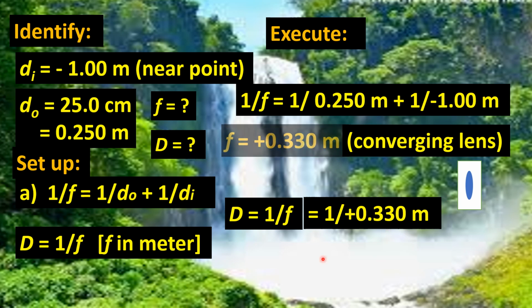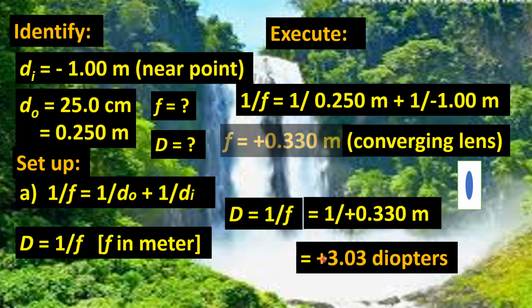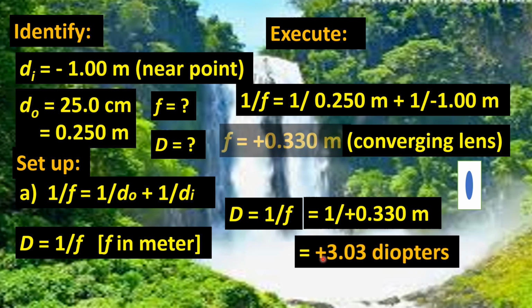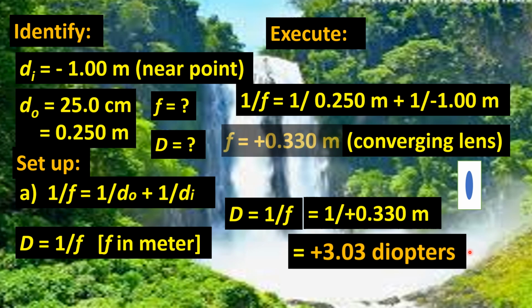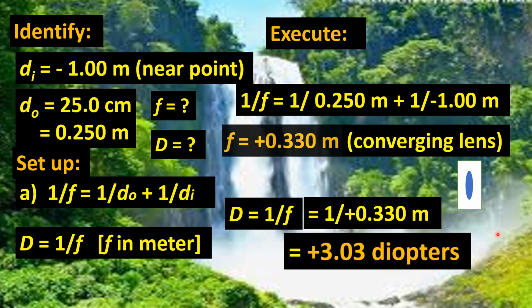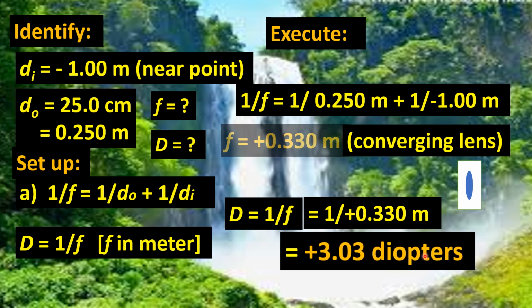So our answer for the dioptic power, capital D, is positive 3.03 diopters. All right. Diopters is the reciprocal of the unit meter.